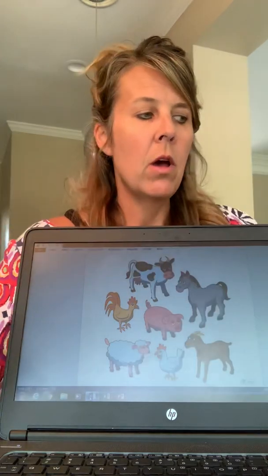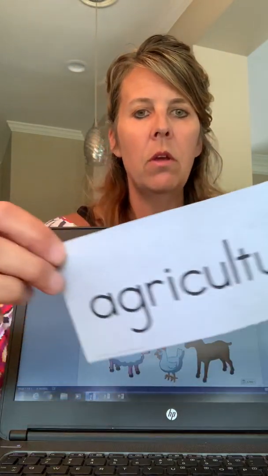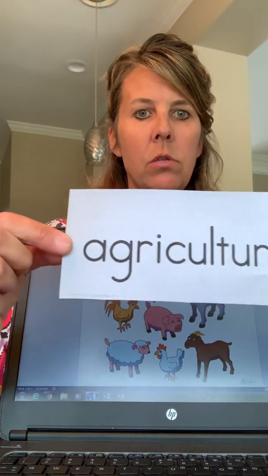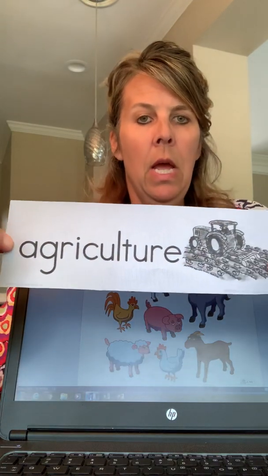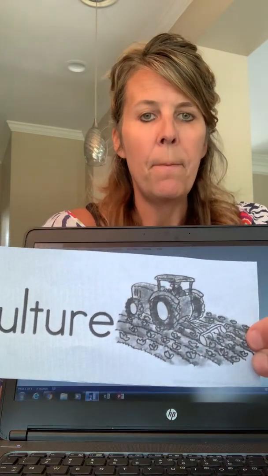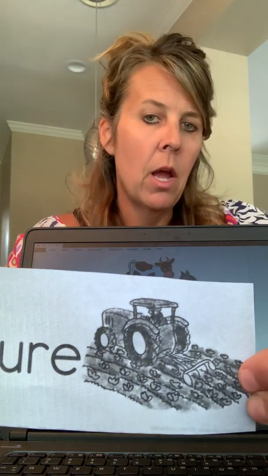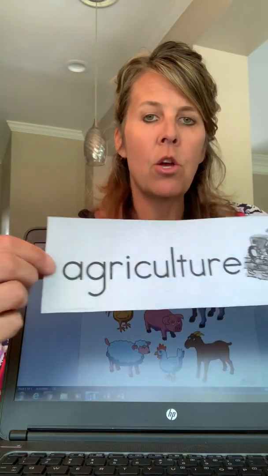Then we also have one more word that we want to talk about. And this is a super long word. Do you see that long word? And then you might see a tractor with something on the back, and then maybe some dirt, and maybe something in that garden. So look at this word.